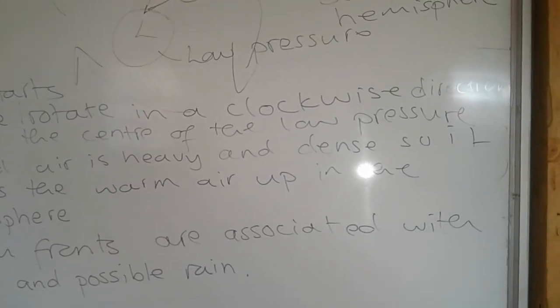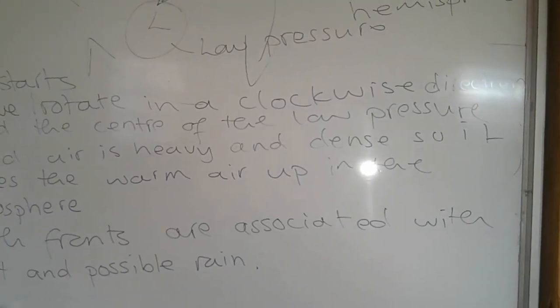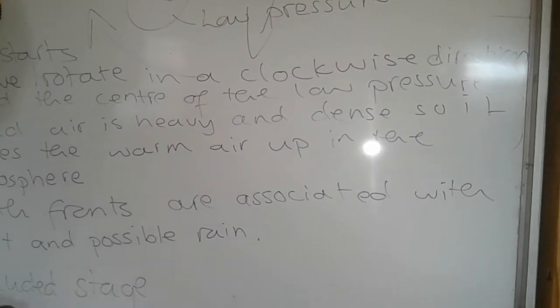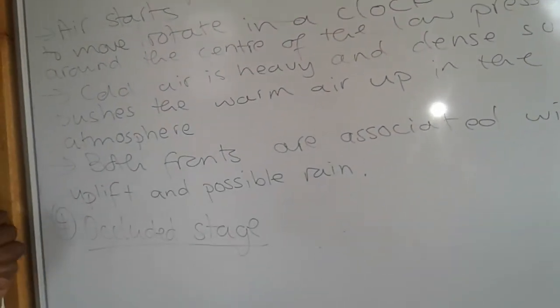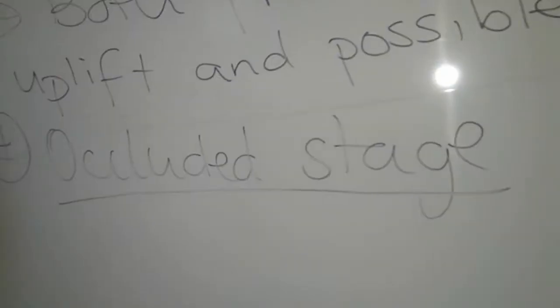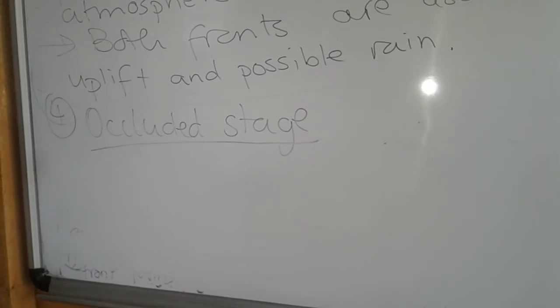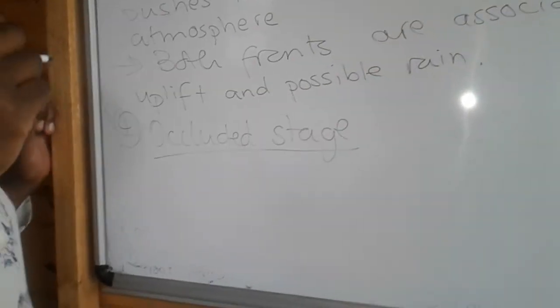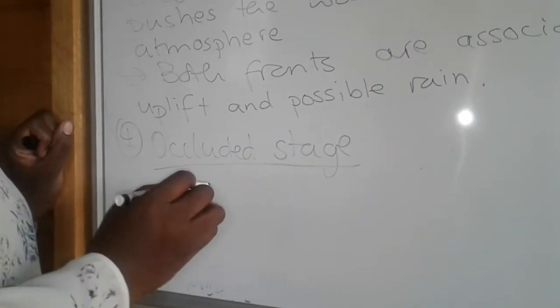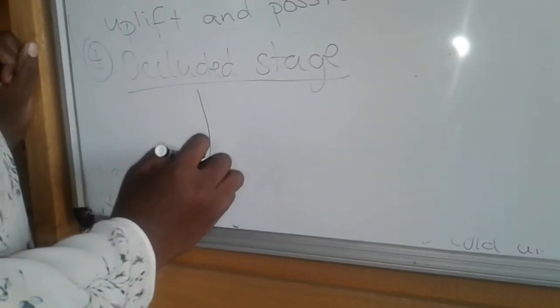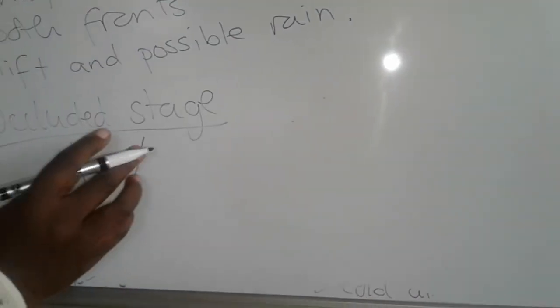At the fourth stage now, we have what is called the occluded stage. What other name can be given to the occluded stage? Okay, this occlusion stage, how does it appear on the synoptic chart? The occlusion stage appears something like this on the synoptic chart.